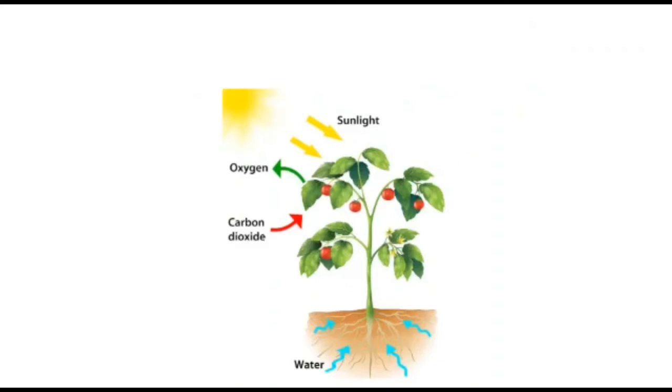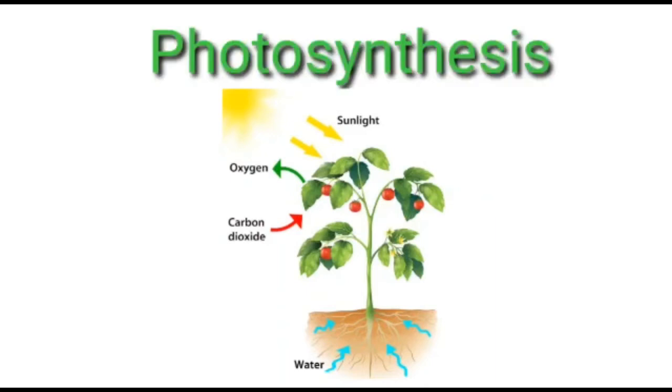Green plants are the producers. They make their own food by the process of photosynthesis. Hence, they are called primary producers. Humans and animals depend on plants for their food.